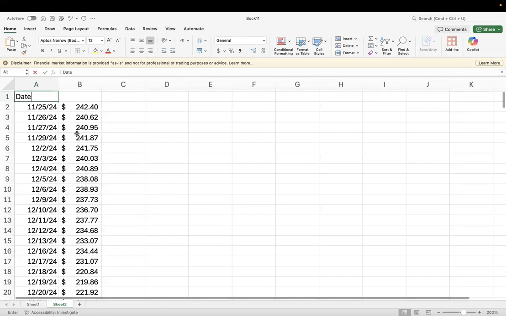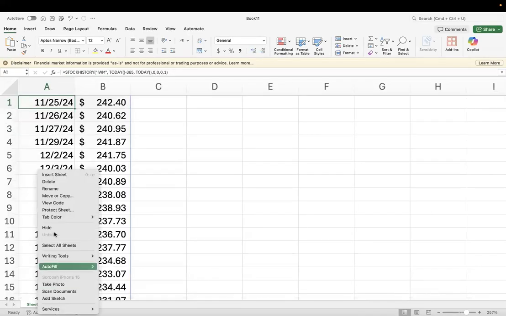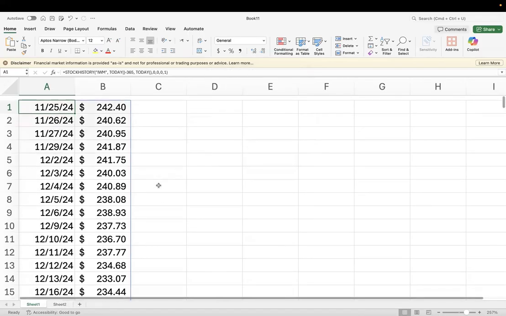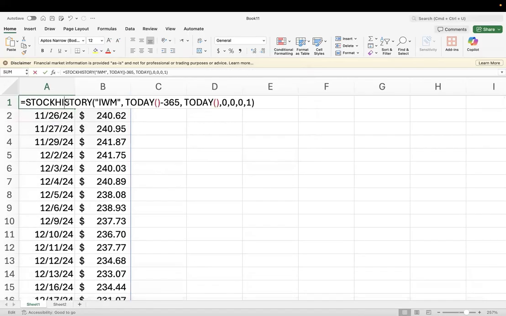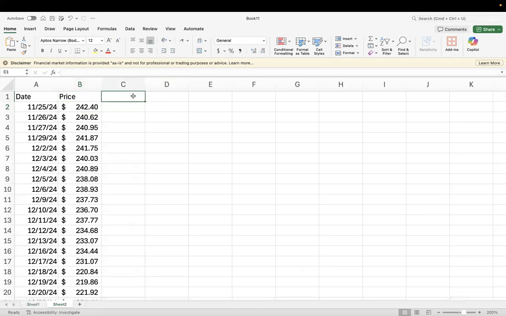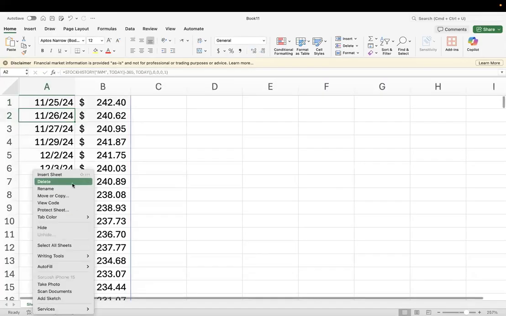Maybe this is dates, and this is price. To be honest, we don't need these sheets, but I'm going to keep the formula that I used here just as a reference. So I'm going to copy the formula here so I know what formula I used to download data. Great. Otherwise, I don't need this tab.